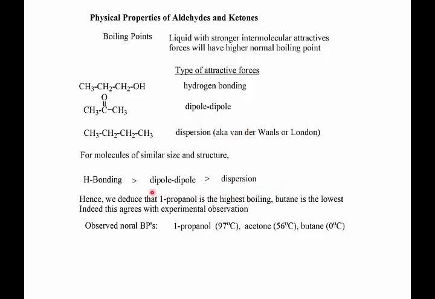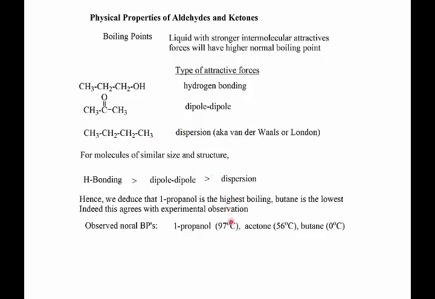Okay, now, to see which of these is the highest, which is the lowest, the alcohol with the hydrogen bonding should be the highest because hydrogen bonding is the strongest of the three types of attractive forces. Dispersion is the weakest of the three, therefore the butane should have the lowest boiling point.